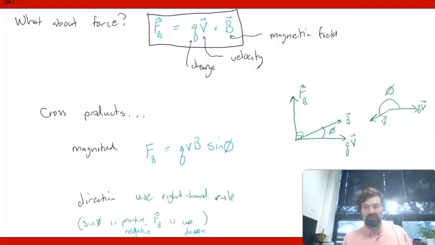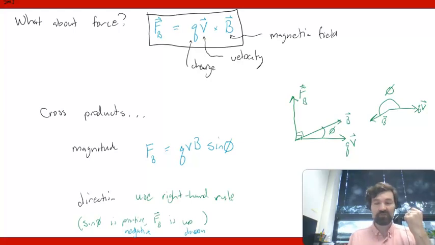If the sine of the angle is positive, then if you're looking down at this page that has the two vectors in it, then the force vector will point straight up out of the page at you. And if the sine of the angle is negative, then the vector actually points down away from you through the page. Same works for the screen.